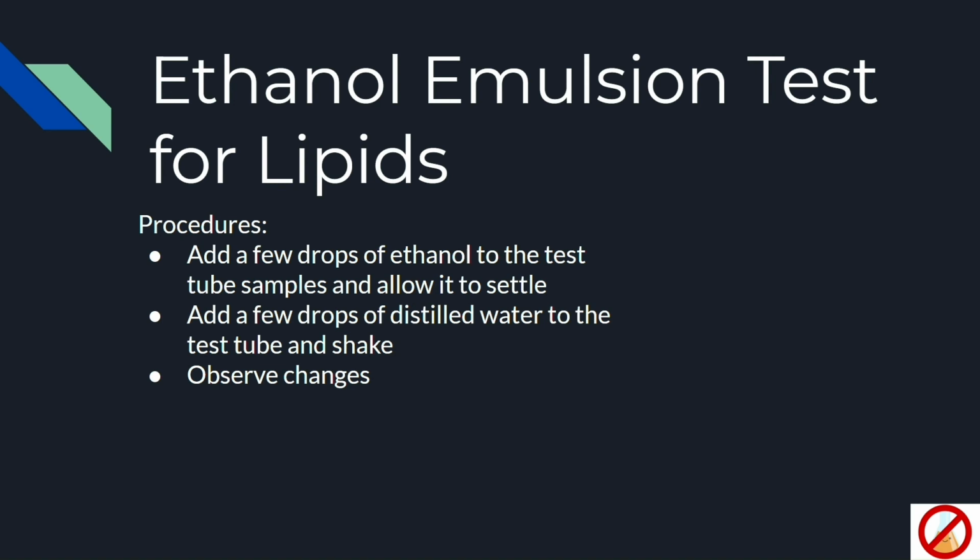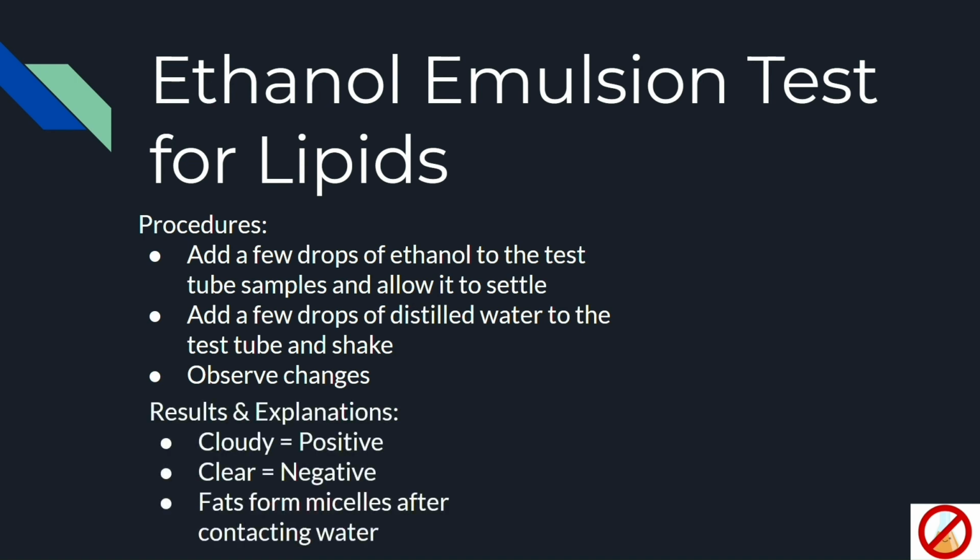Distilled water actually means pure water, so nothing in it, just pure water, inside the test tube, and you will shake the test tube, basically mix it around, and you will observe the changes. Basically, if the test tube turns cloudy or sort of whitish, milky color, then there are lipids present. If the test tube is still clear, that means there is no lipid at all.